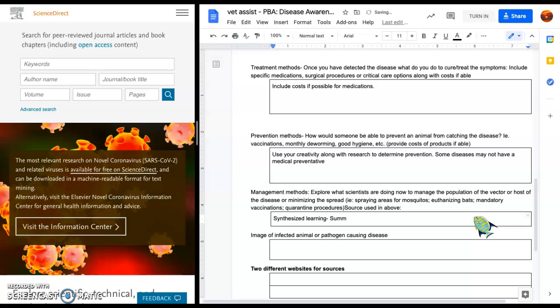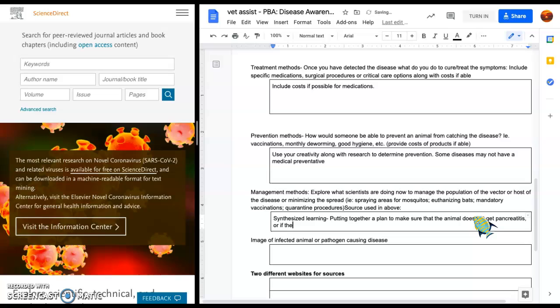So here we're really putting together a plan to make sure that the animal does not get pancreatitis, or if they do, how can you mitigate the symptoms, or stop those symptoms right away, right?